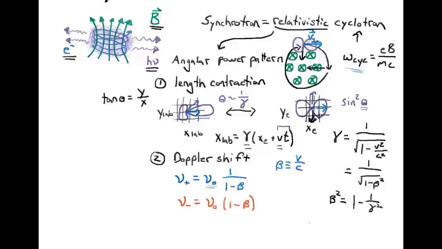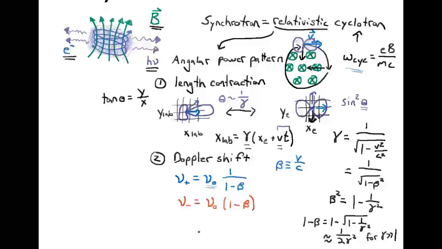So from this you can see that the quantity 1 minus beta is equal to 1 minus the square root of 1 minus 1 over gamma squared, and if gamma is much greater than 1, we can approximate this, just Taylor expanding this quantity, as 1 over 2 gamma squared.